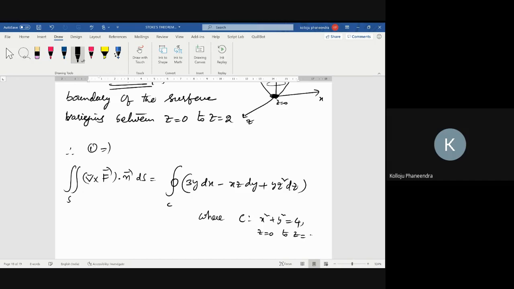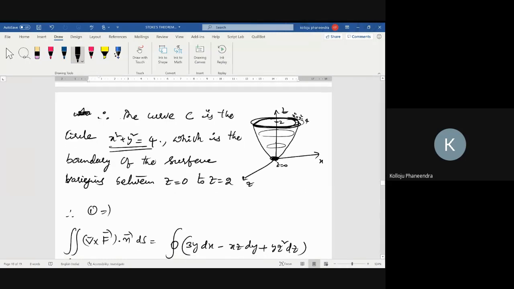Since z equal to 2 on C, you can write it directly, only this one on C, like this.